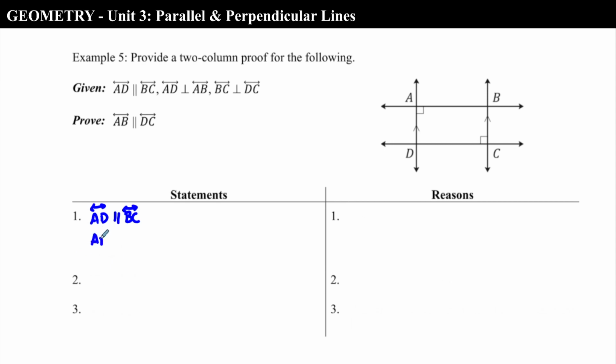AD is perpendicular to AB. And BC is perpendicular to DC. So those are all givens.